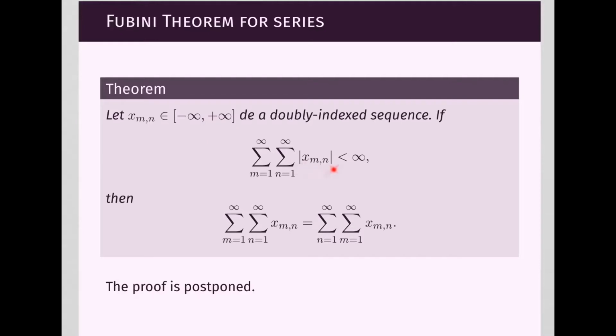If the absolute values of this sequence are summable, that already excludes the possibility that any of them is actually infinite. If the absolute values are summable, then we can sum the sequence first by taking the second index and then the first index, or starting from the first index, then the second index. It doesn't matter, we get the same result.